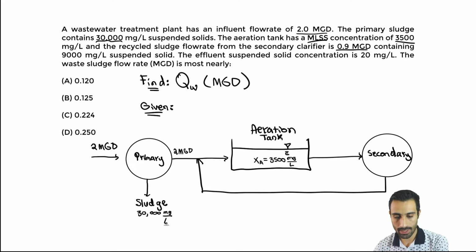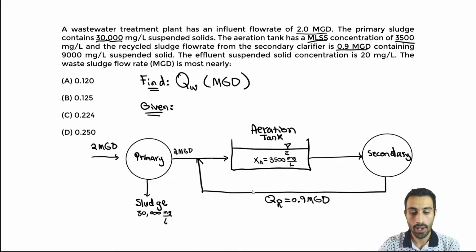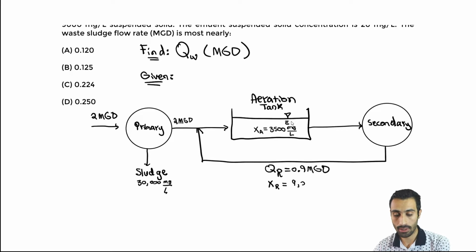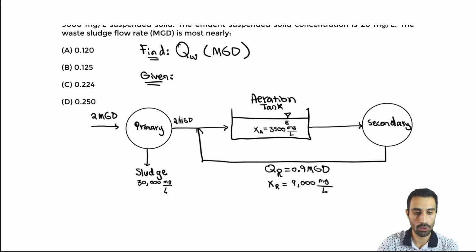We're recycling this, so this will have a QR value, and that QR will be the 0.9 mgd. So that's what's given. And it contains 9,000 milligram per liter. So when they say 9,000, they're referring to the XR. It's the suspended solids concentration, 9,000 milligram per liter. So that is denoted. Then we can keep going.